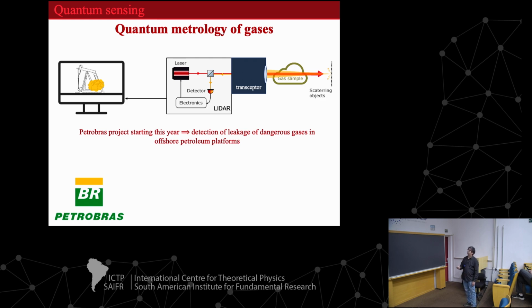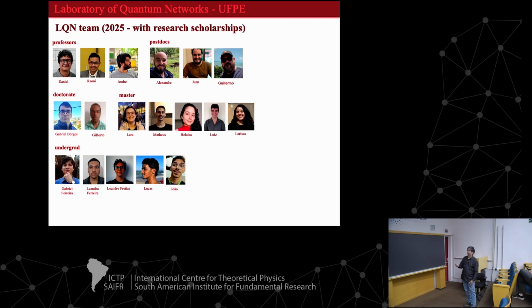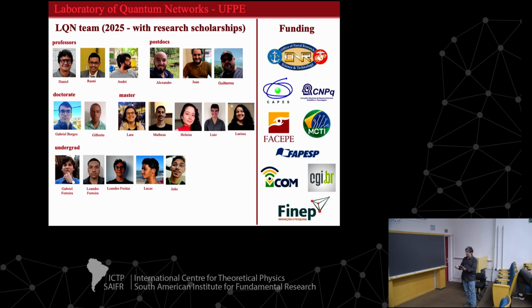And also another thing to call attention to: of course, we have many people working on the network, but a lot of work is done in the lab that I'm coordinating, the Laboratory for Quantum Networks. This is the present team of the laboratory, with professors, postdocs, doctorate and masters students, and a lot of undergrads. The students are really the ones driving the lab nowadays.